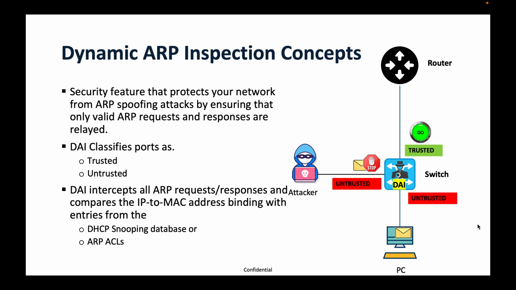So if there is a match, it allows the ARP through, or if there is no match, the ARP packet is dropped. By doing this, dynamic ARP inspection helps to keep your network safe from ARP spoofing attacks and ensures that your devices communicate with the right recipient securely.